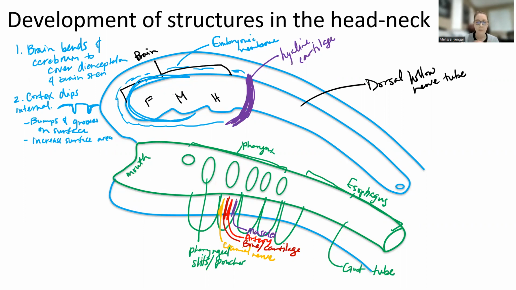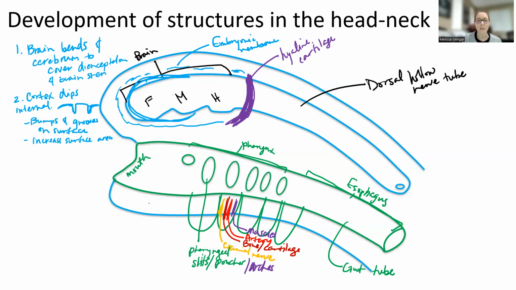Okay. So it's not important to know specifically which pharyngeal pouch or slit makes which thing, but you might see these arches. Sometimes they're called arches. Again, in 2240, when we look at blood vessel structure in the chest area and the neck area, it's not symmetrical here.